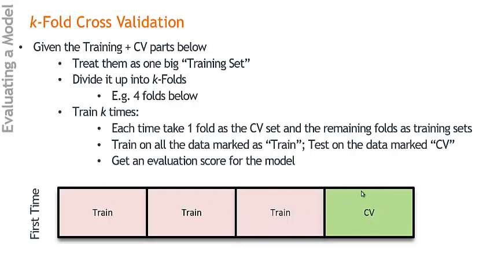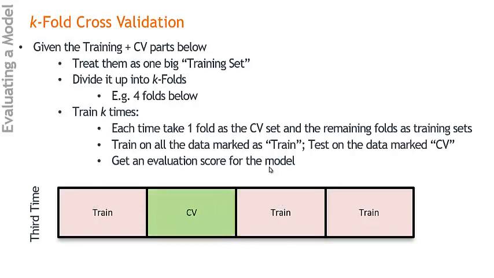That's one number that will give you one accuracy number. Then you train on these three folds and get an accuracy number on this fold. That gives you another accuracy number, either precision or accuracy or MAE or MSE or some measure of how well your model is doing, right? You do the same for this.